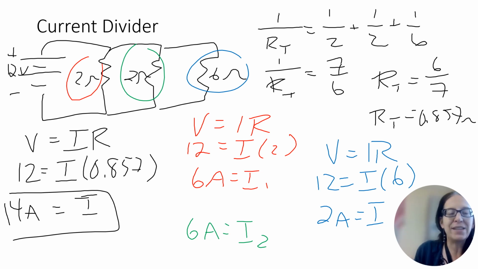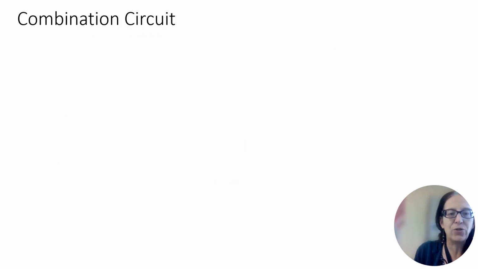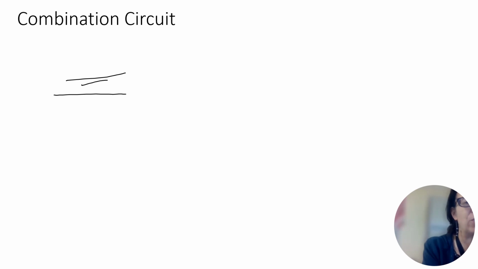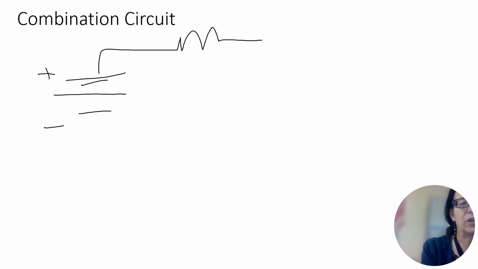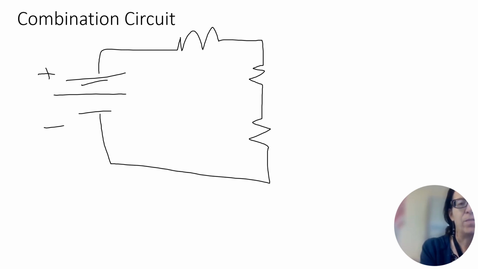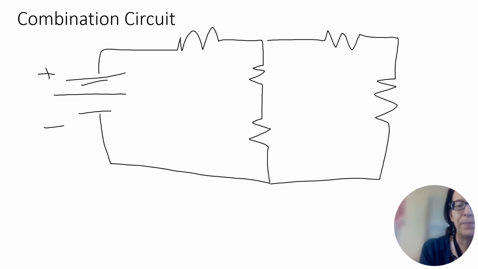Okay, now that's a really straightforward series circuit and parallel circuit, but you can also see combination circuits. I don't know what the chances are that you would see one, but a combination circuit is some kind of circuit that has both series and parallel components to it.